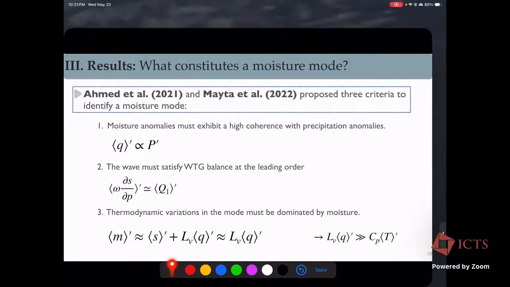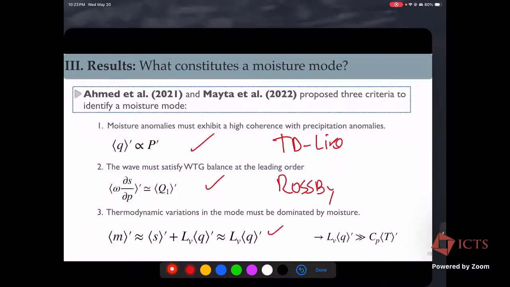If you apply these criteria, it's pretty easy to demonstrate them in observations, in analysis, even in modeling outputs. We proposed that the TD-like disturbances and the Rossby waves are the only disturbances that satisfy all criteria to be considered moisture modes. The other waves will show some characteristics of moisture modes or can be classified as another type of disturbance.